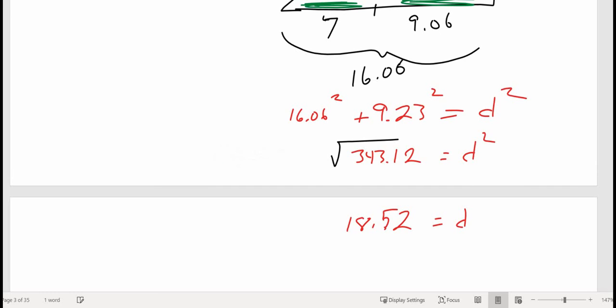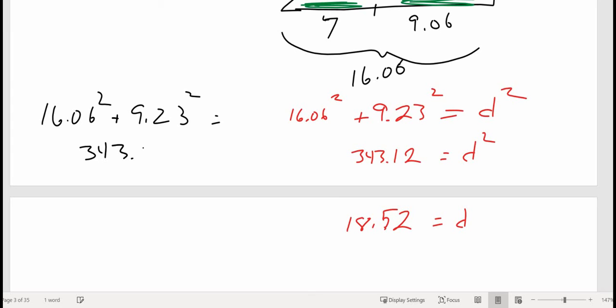But in the calculator, to avoid too much rounding off, what I did was once I got the 16.06 squared plus 9.23 squared, I hit the enter sign, and it pops up on the screen with 343.1165.